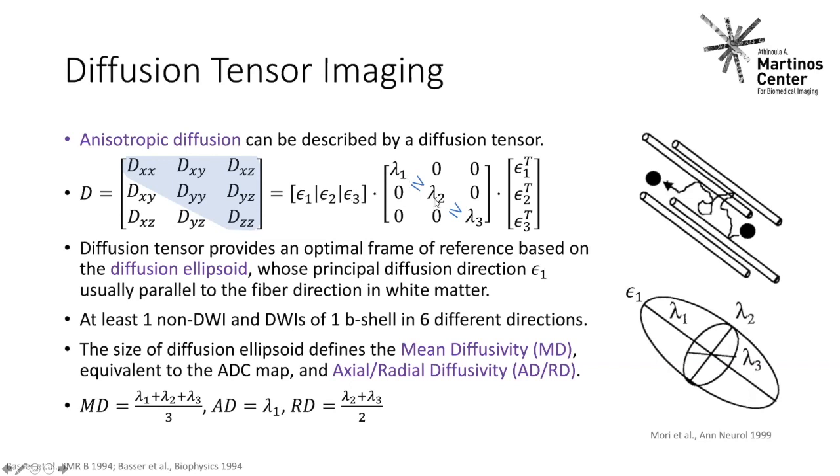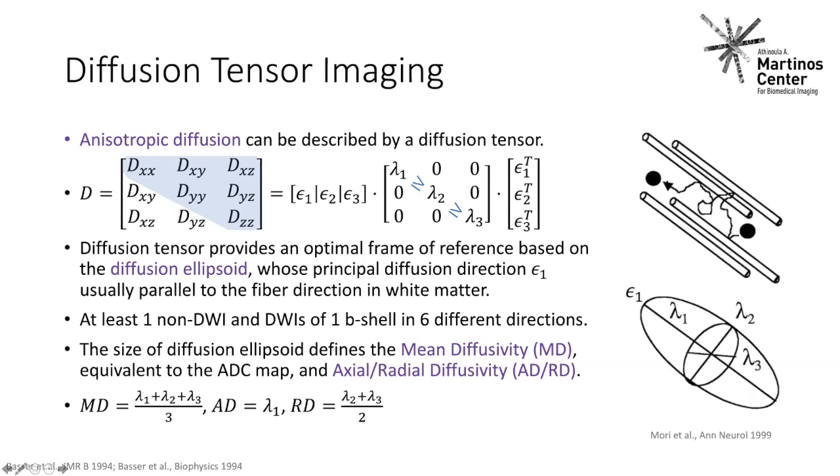Its eigenvalues lambda 1, 2, 3 define the diffusion coefficient along the principal directions, and epsilon 1, 2, 3 are the main directions of this tensor. Epsilon 1 we usually call the principal direction, which roughly decides the axon direction in the white matter voxel if there's only one fiber.